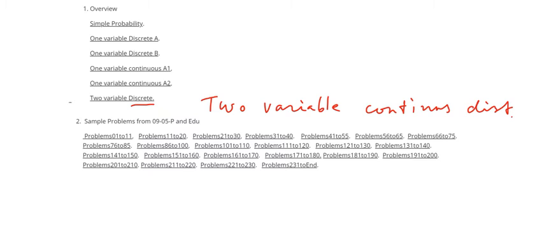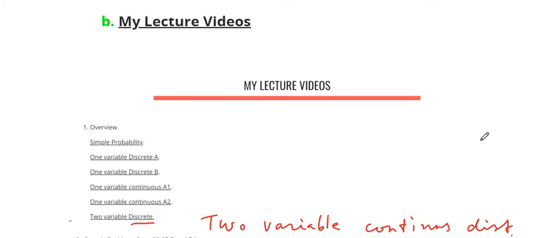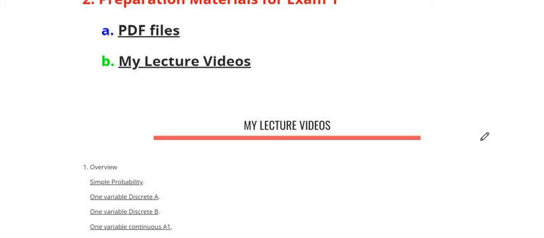So those are actually the material for exam P1. For exam P1, they provide some sample problems. I found before it works, but by now this PDF file maybe does not work.